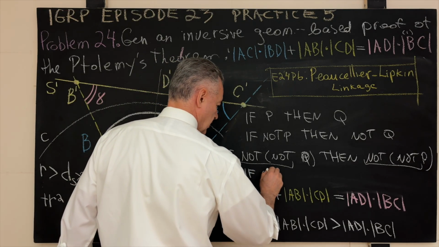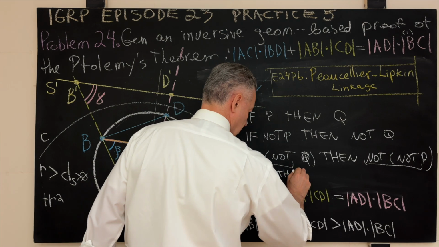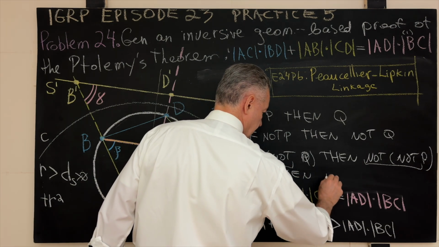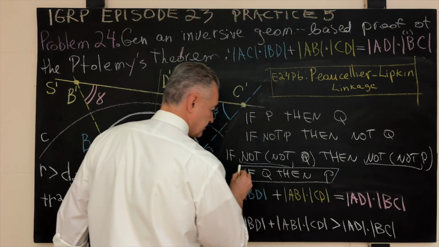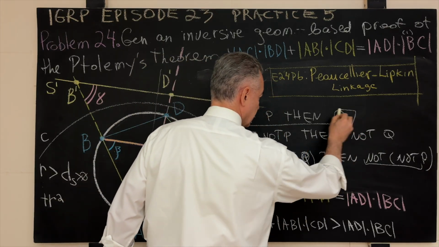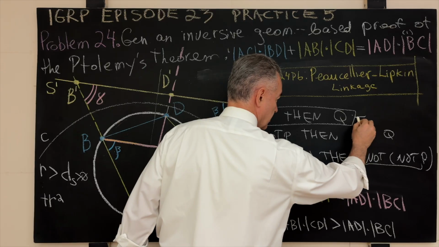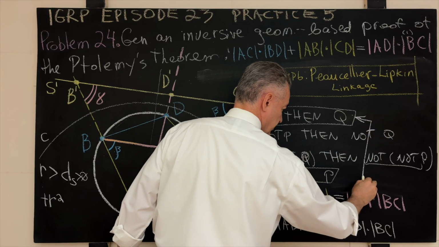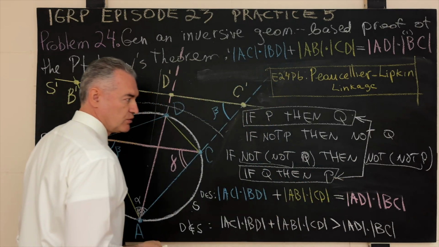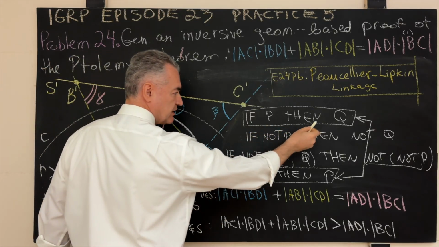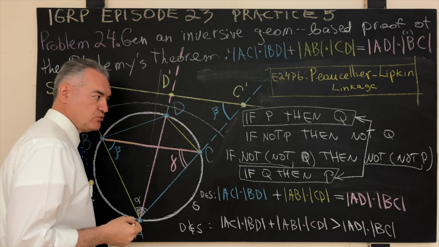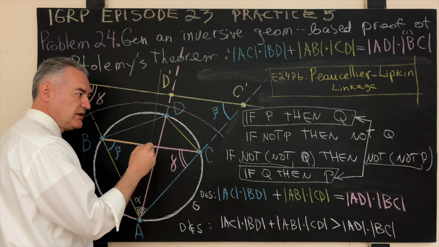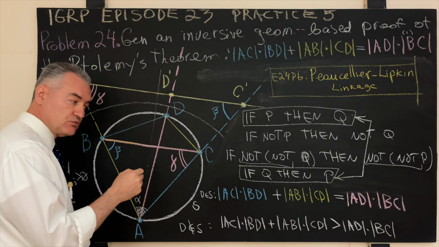If Q, then P. And now if we take this implication and this implication, together with this, what did we just prove? If P then Q, and if Q then P. In other words, we proved that P if and only if Q.